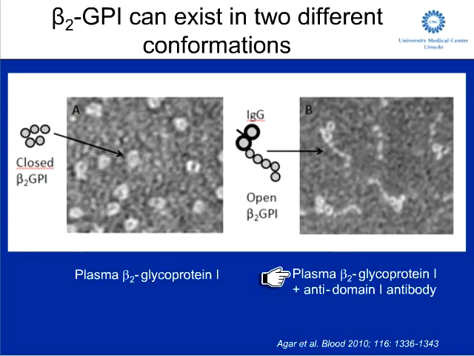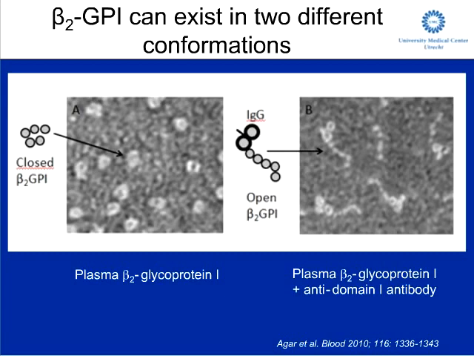But in combination with an antibody, here's the antibody and here's the beta-2-glycoprotein 1, you can see that beta-2-glycoprotein 1 has the same conformation as the crystal structure, while in plasma it's circular. So apparently, beta-2-glycoprotein 1 can exist in at least two different conformations: a circular plasma conformation, and a conformation that is opened up in the presence of negatively charged phospholipids or in the presence of antibodies.